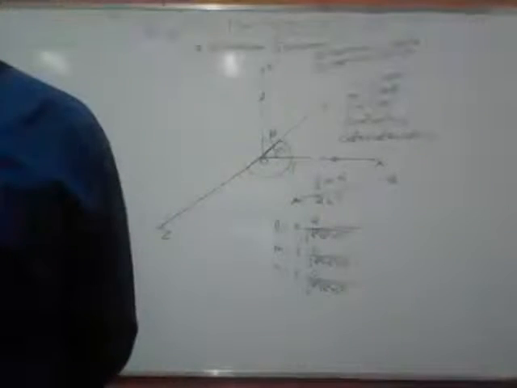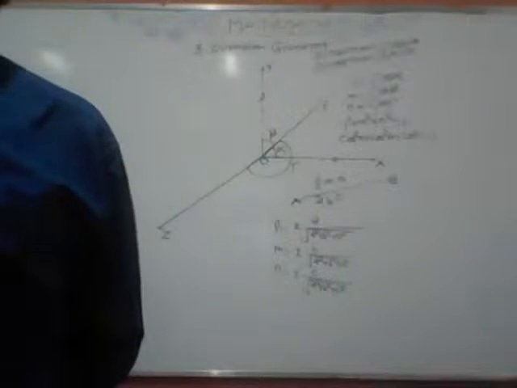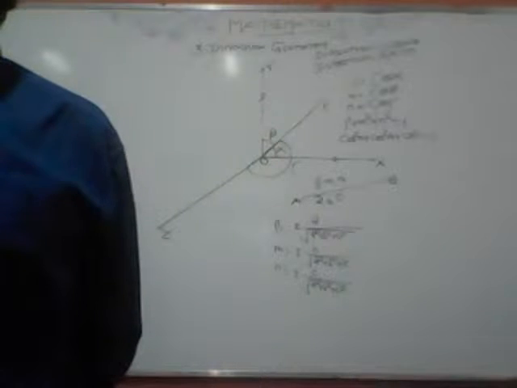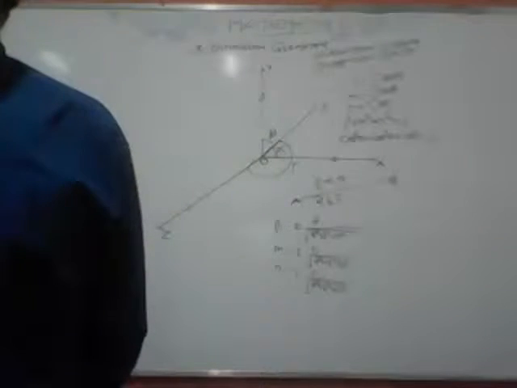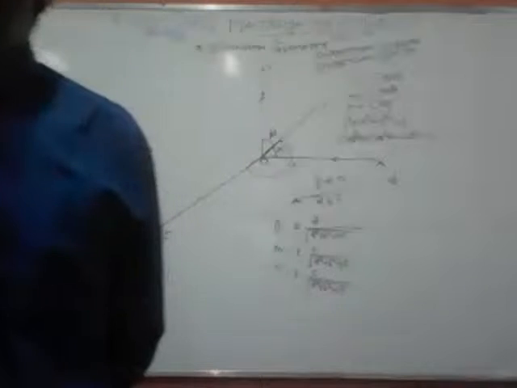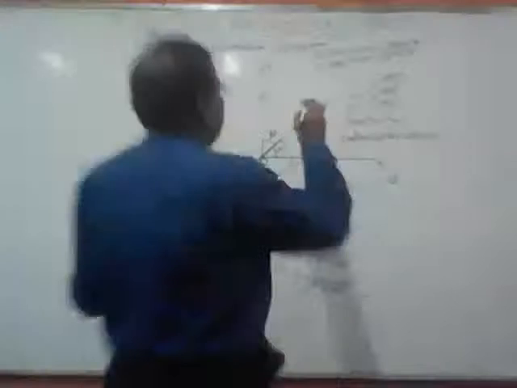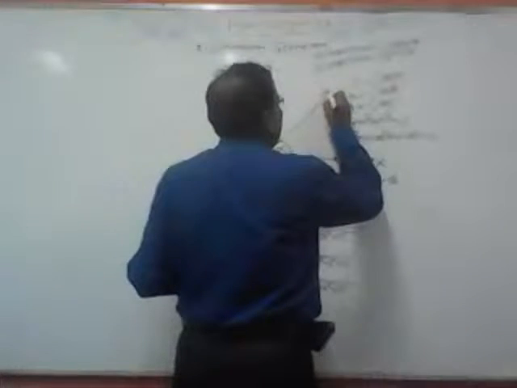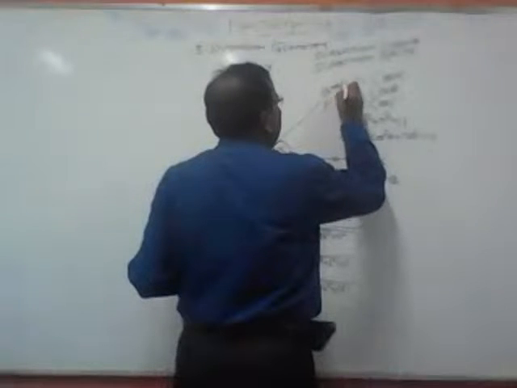Suppose OP is equal to R, when O is the origin and the direction cosines of OP are L, M, N, then the coordinates of point P will be LR, MR, and NR.